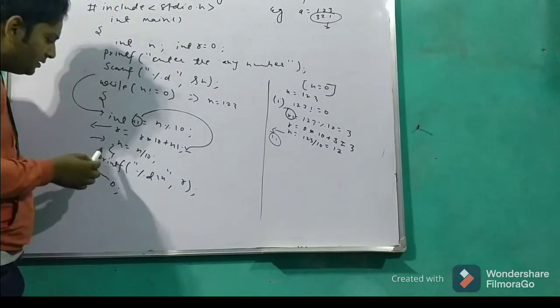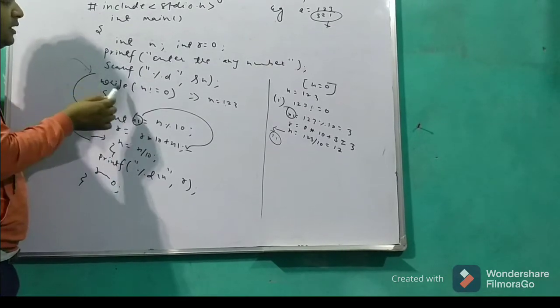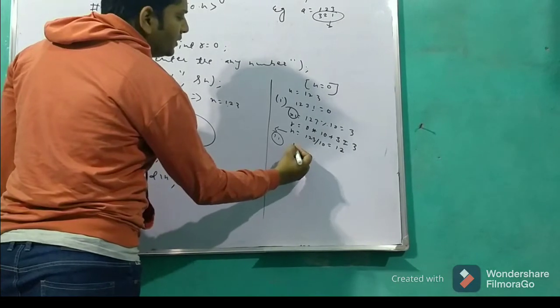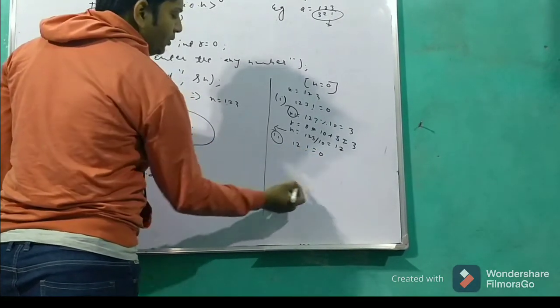Next iteration, again it checks whether n is equal to 0. No, 12 is not equal to 0. Yes, the condition is true.